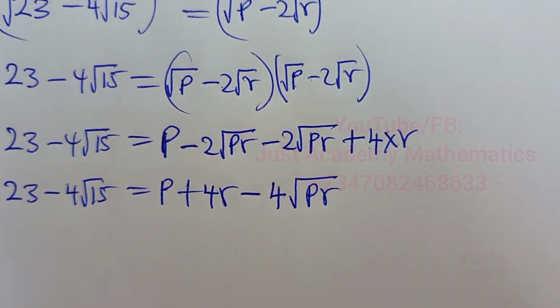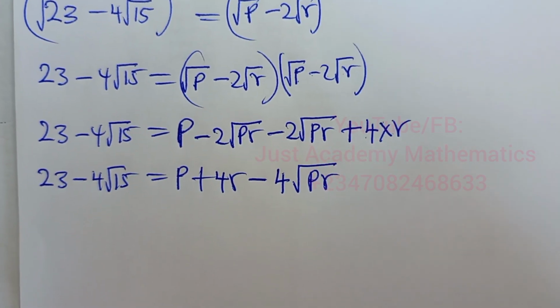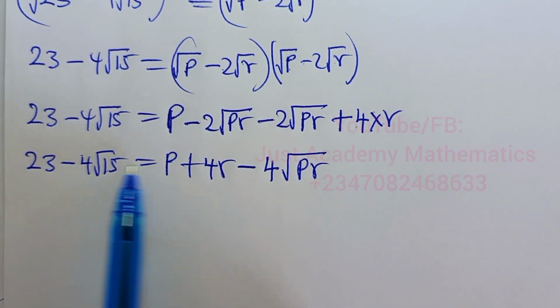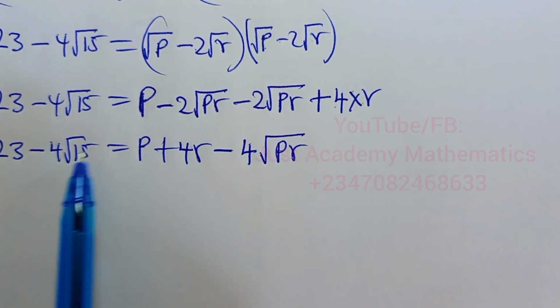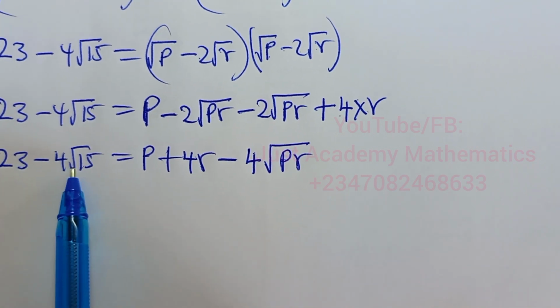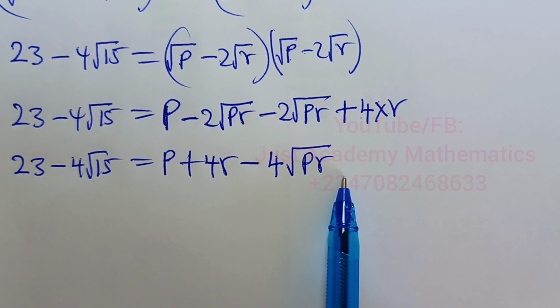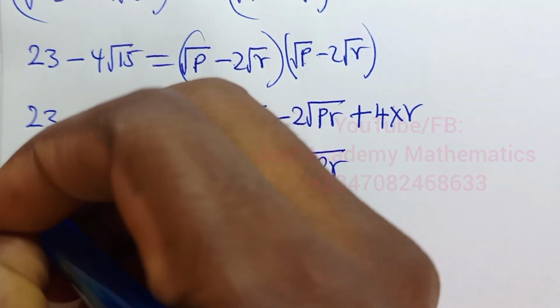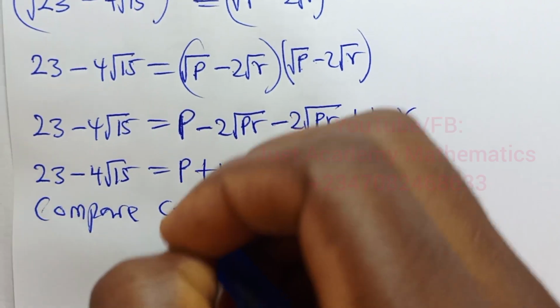This is where some people get confused. They don't know what to do again. Remember that this side is equal to this side. If you look at this side now, notice that this is minus 4 root, and this is minus 4 root. So what we'll do is compare coefficients.